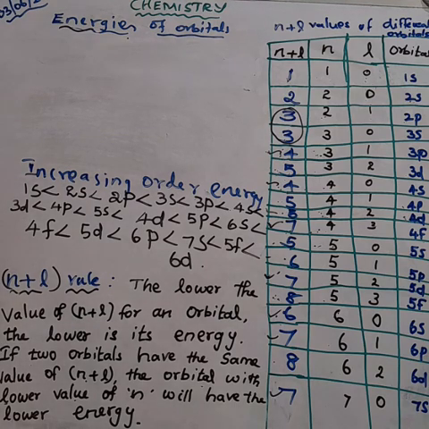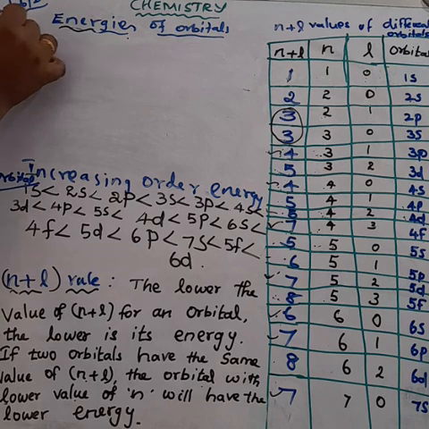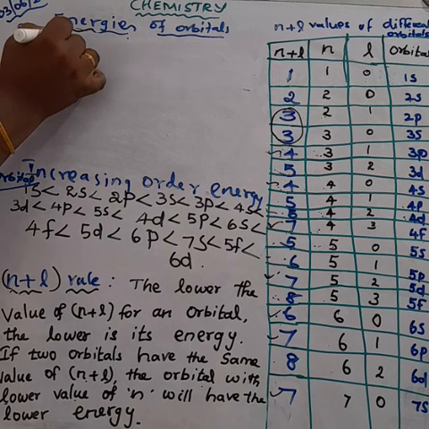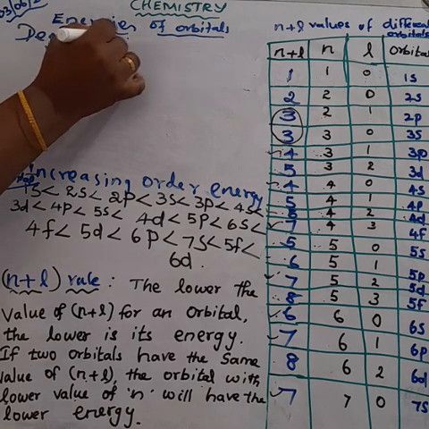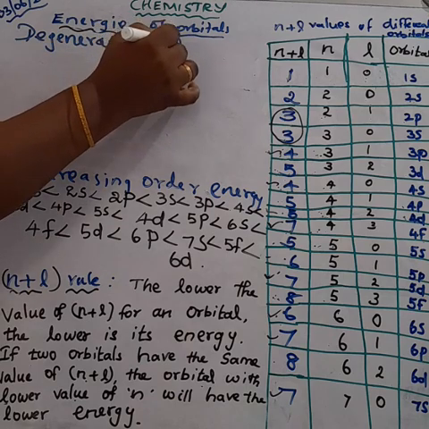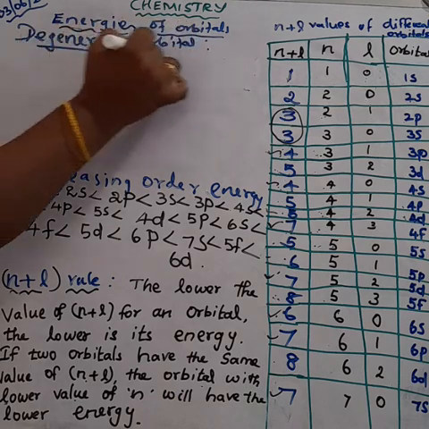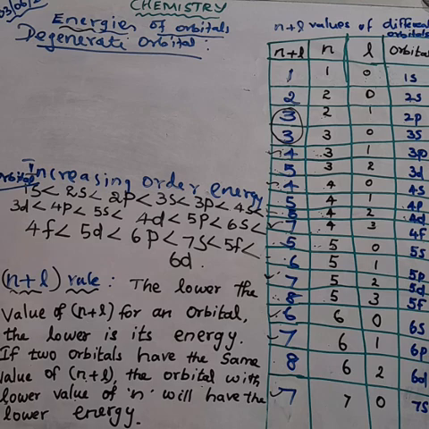Understood? Okay, and then we can study what we mean by degenerate orbitals. What do you mean by degenerate orbitals? Degenerate orbitals means, in the absence of a magnetic field, all the orbitals of the same subshell of an atom have the same energy.